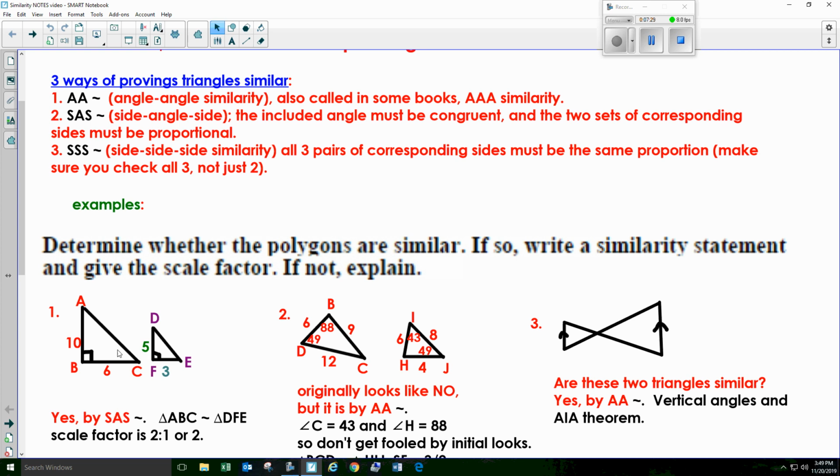So I write my similarity statement. Triangle ABC is similar to triangle DFE. I purposely did that so you don't think they're just going alphabetical order, A, B, C and D, E, F. No, D, E, F would be wrong. Make sure you pay attention to the order, D, F, E. And the scale factor is the same thing as the ratio.